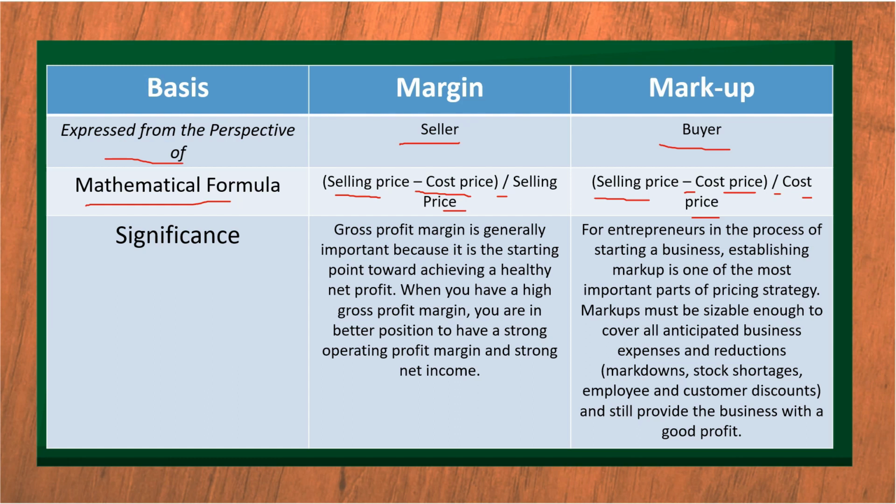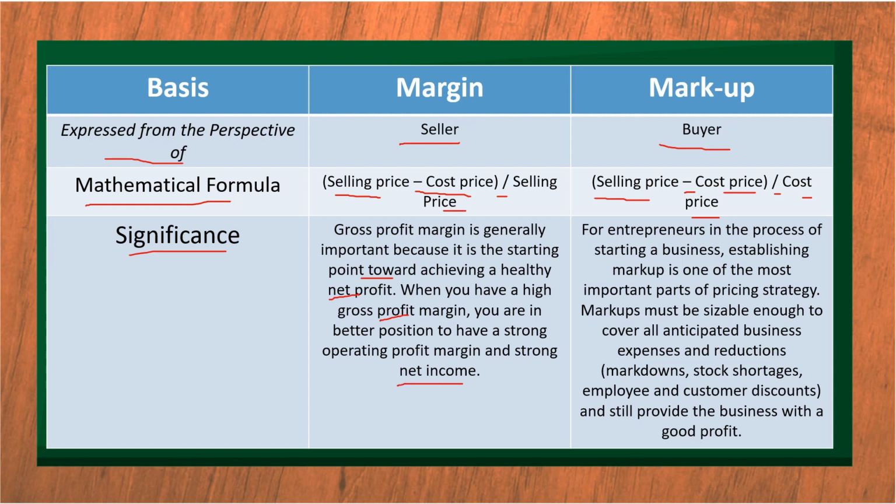Basis for significance. Gross profit margin is generally important because it is the starting point toward achieving a healthy net profit. When you have a high gross profit margin, you are in a better position to have a strong operating profit margin and strong net income.